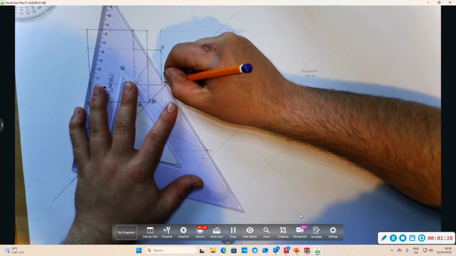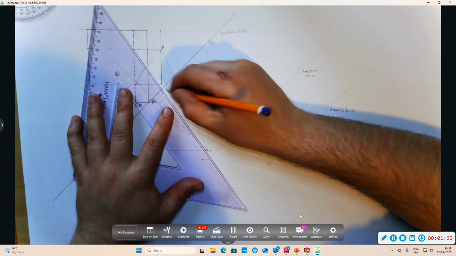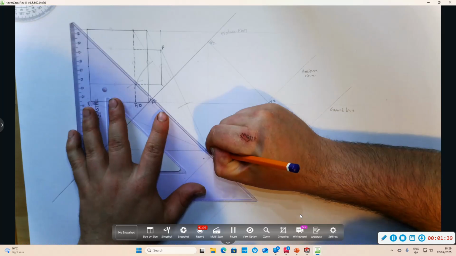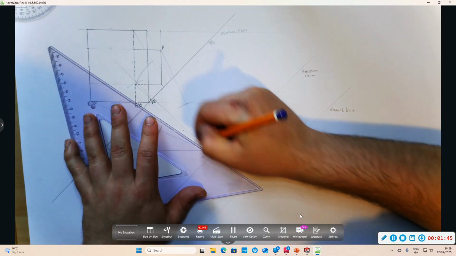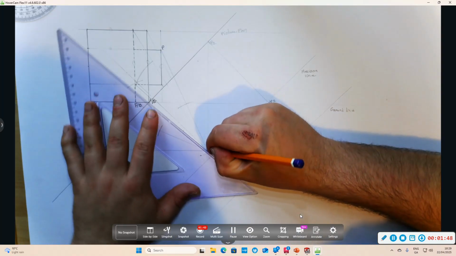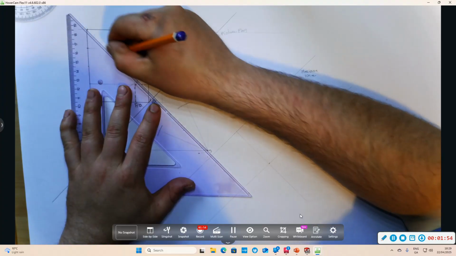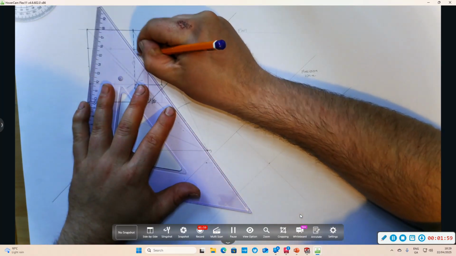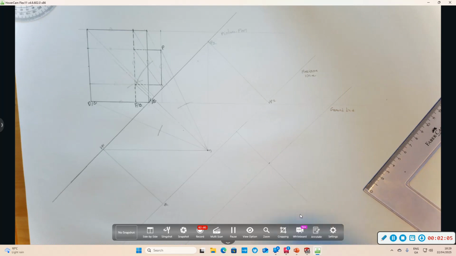Now, you don't have to draw the line the whole way to S. Look, I could do it if I wanted, but you can stop when it touches the picture plane.